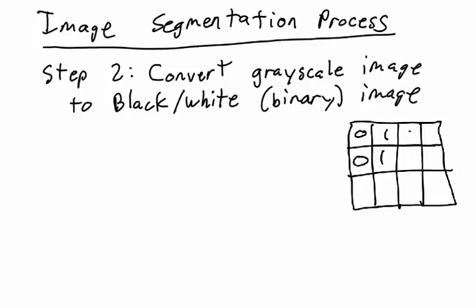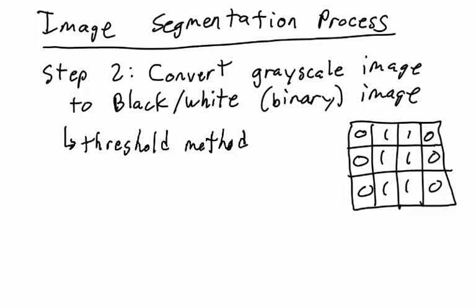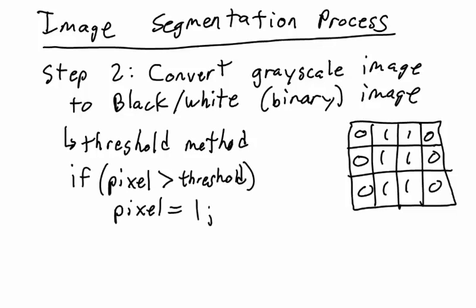The typical method to do this is the threshold method. In the threshold method, we say that any pixel that is greater than a threshold, or in some cases we might say if a pixel is less than a threshold, then the pixel will be equal to 1. Otherwise, the pixel will be equal to 0. This threshold is a value between 0 and 255.